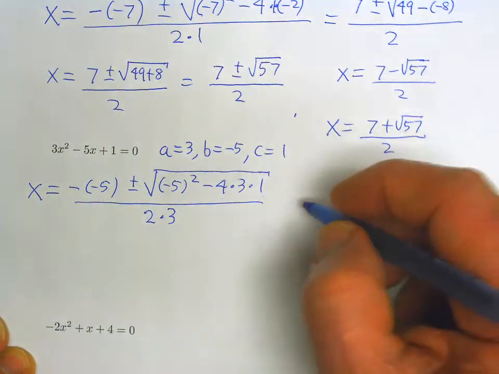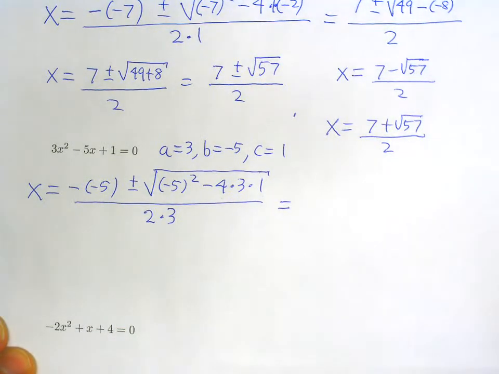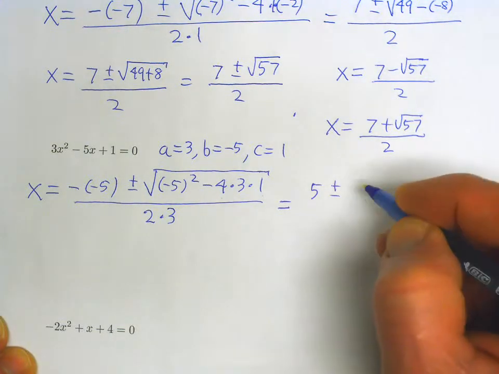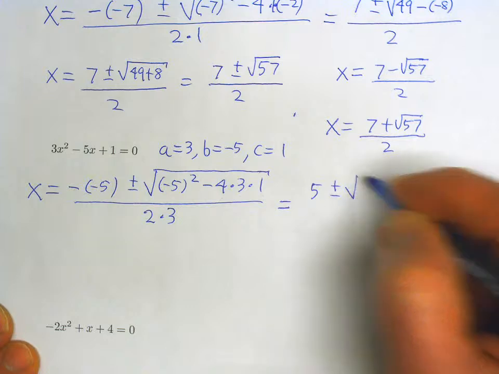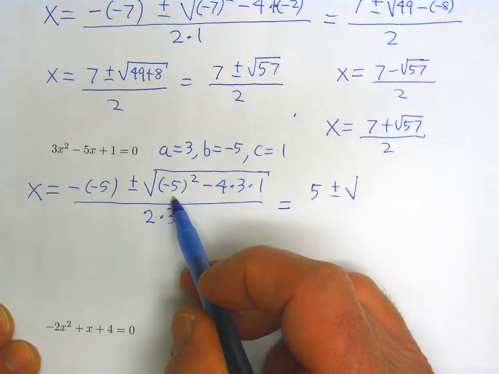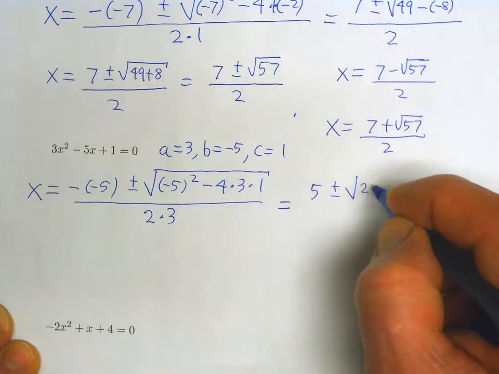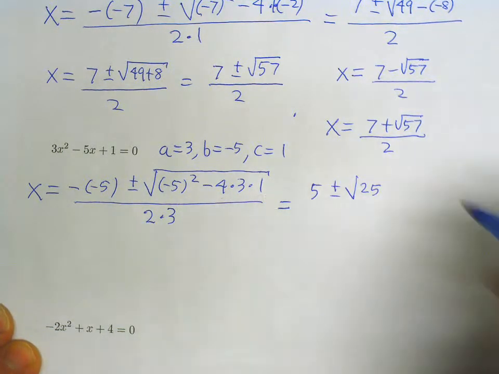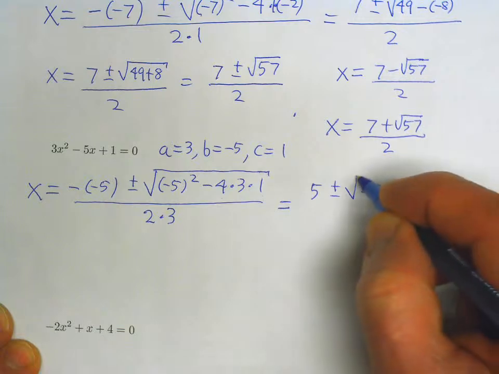Okay, then it's arithmetic. In the numerator, the negative of -5 is 5. And then plus and minus the square root of a number inside the square root. -5 squared is positive 25. And we're subtracting 4 times 3 times 1. We're subtracting 12.